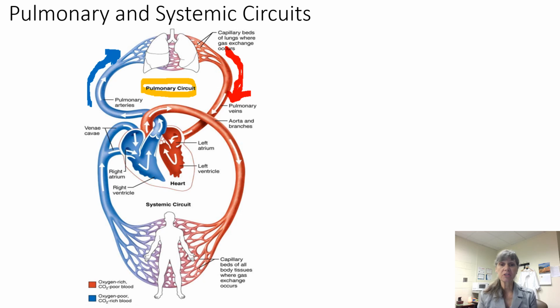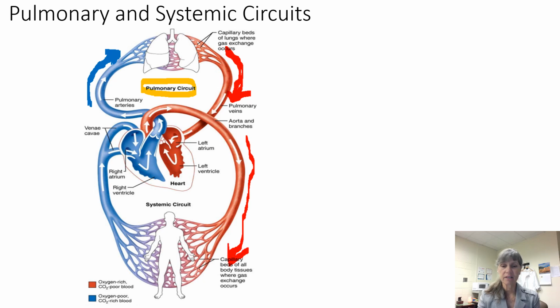So that oxygen-rich blood is going to flow back to the heart to the left side by way of pulmonary veins. And then from the pulmonary veins, we go into the left atrium, the left ventricle, and then that oxygenated blood is going to flow through the rest of the body.